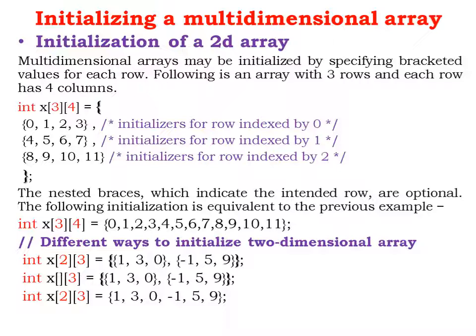Here you can see I have started with the curly braces. Inside that I have represented 3 rows and each row contains 4 different values.